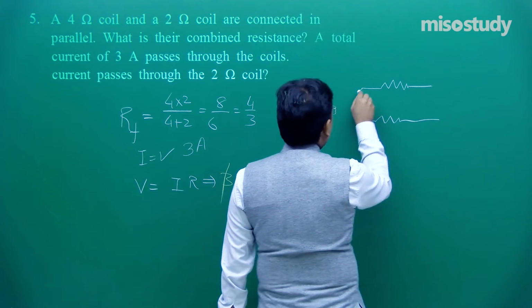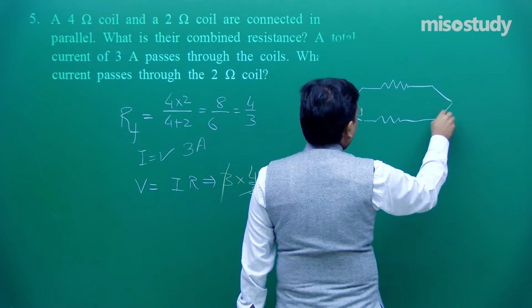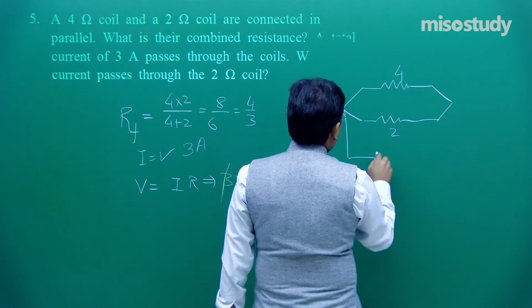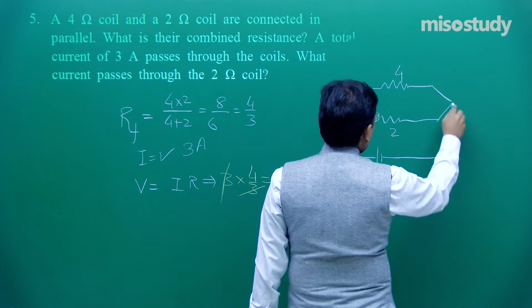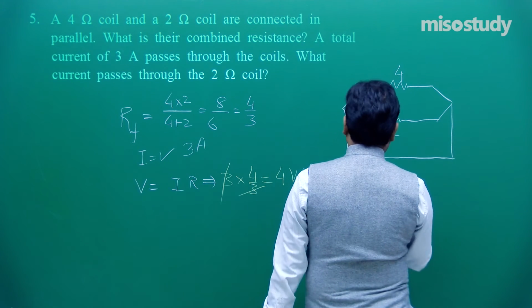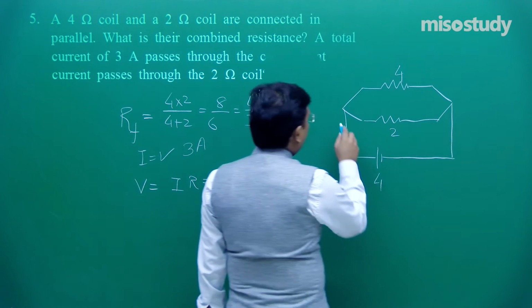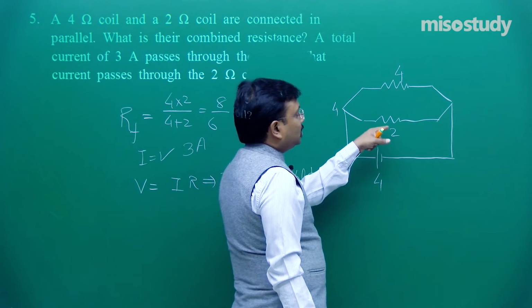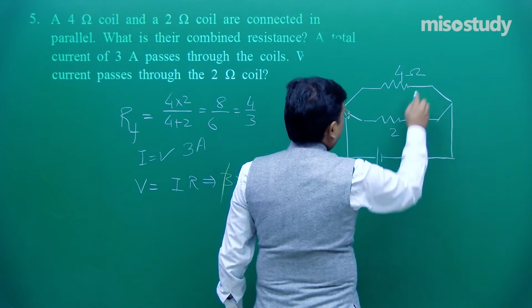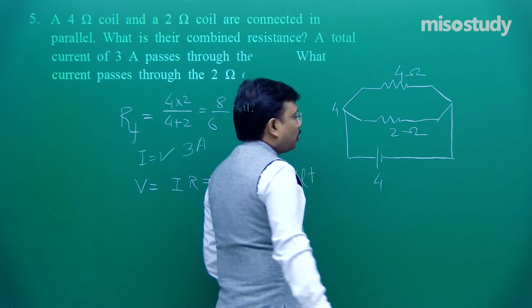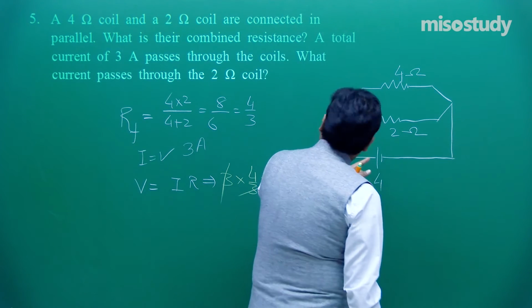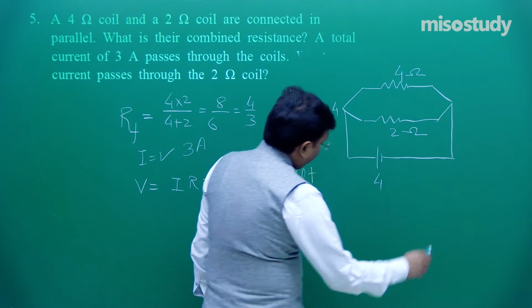So, basically this is the arrangement of these two resistances, 4 and 2, and this is your EMF source, which is going to be 4 volt. It is 4 volt, and this is 4 ohm, 2 ohm, fine. In parallel combination, you know the voltage remains the same. This is question number 5.